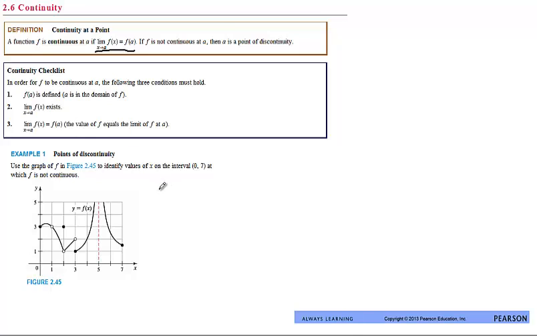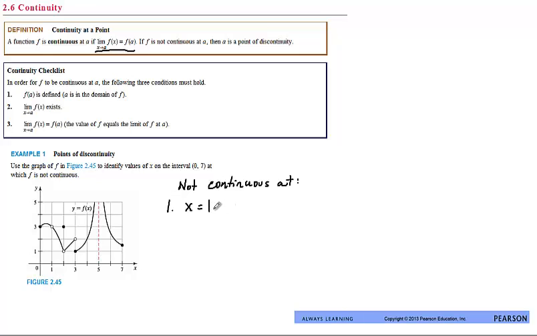In example 1, they want us to investigate a few places where the function is not continuous. The function is not continuous at x equal 1 first off. So we'll say number 1, x equal 1.